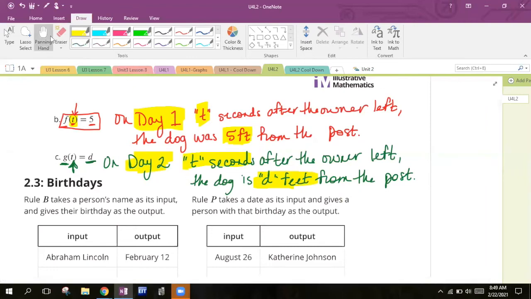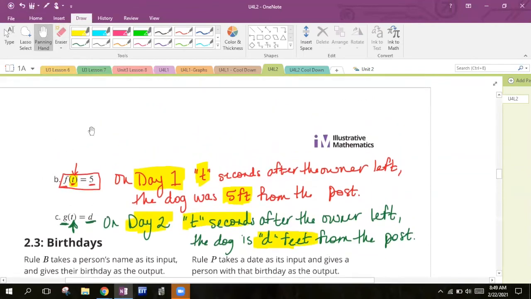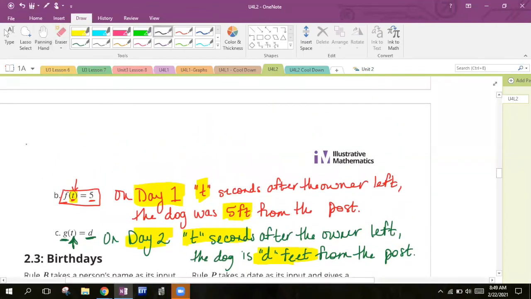Something I want you to have written down somewhere in your book, maybe up here at the top of this page. When we're talking about function notation, it's going to look something like this. This is the basic symbol for functions in general: f of x, that's how you read it.